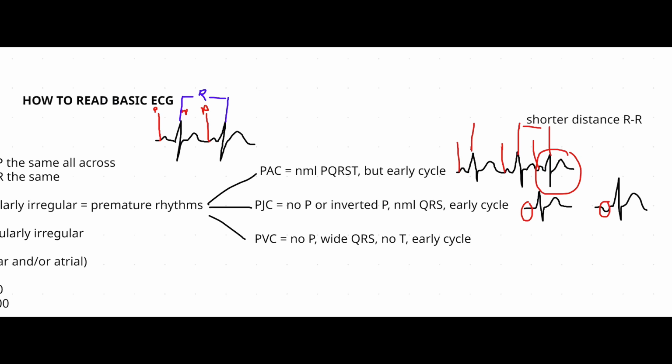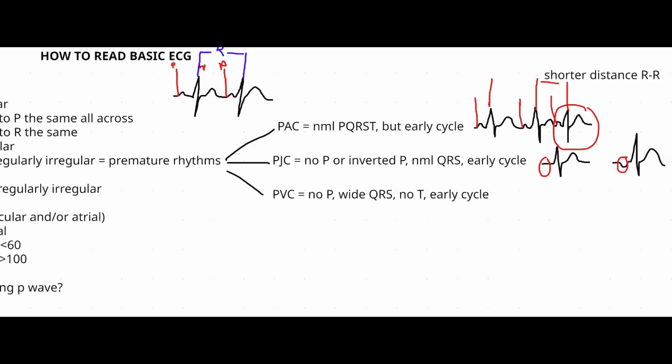So it's pretty benign. With these two, one thing that you guys want to notice is that the QRSs are normal with the PAC and PJC, because remember what I said, the rule is that only if the QRS is wide will you call it ventricular. Okay, so if the QRS is narrow, that is not ventricular anything.